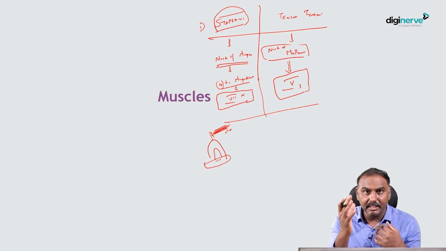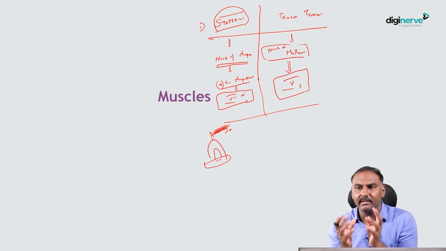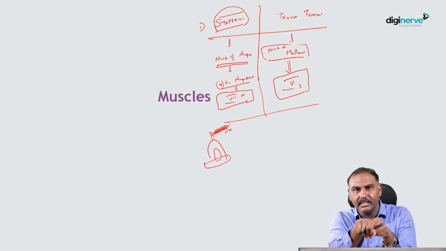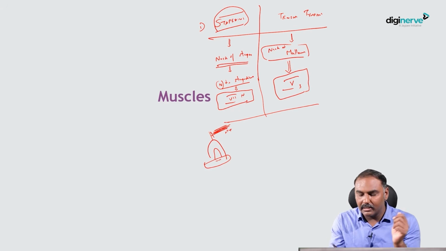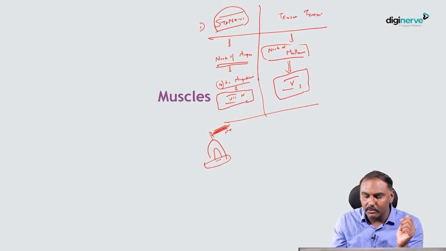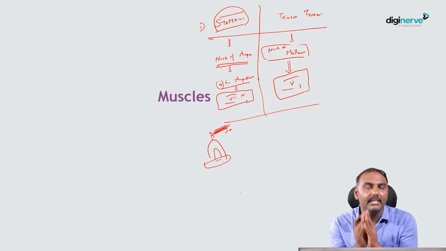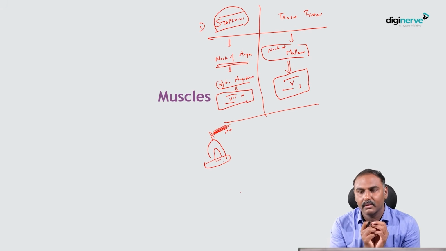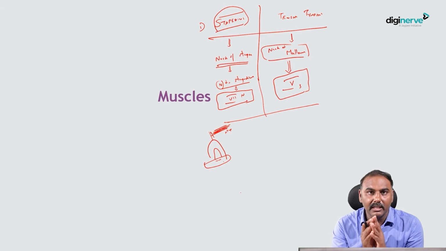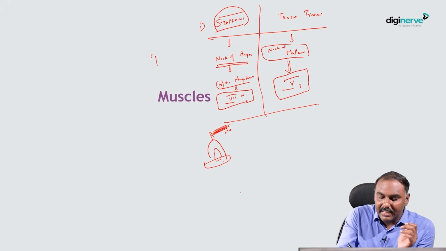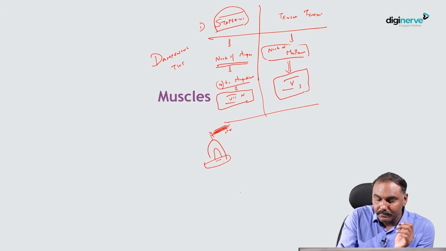When our brain anticipates a high sound, the stapedius will pull the stapes out of the way, so that the sound never gets transmitted through this area and goes inside the inner ear. In that way, our inner ear is protected. The main function of the stapedius muscle is dampening the sound. Don't forget this, reducing the sound, dampening the sound.